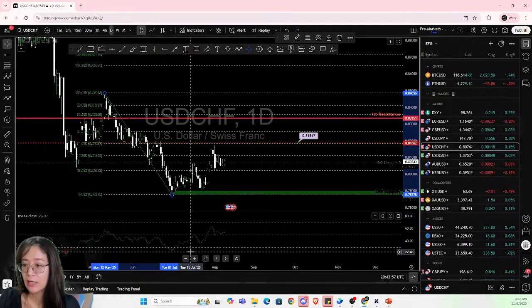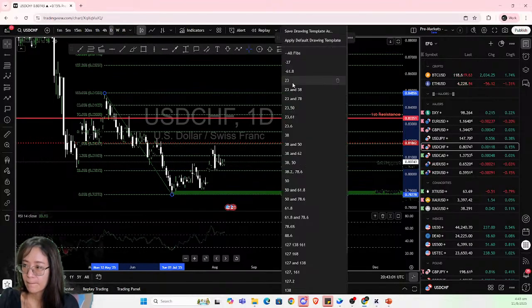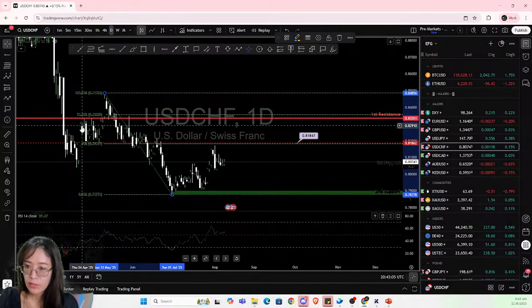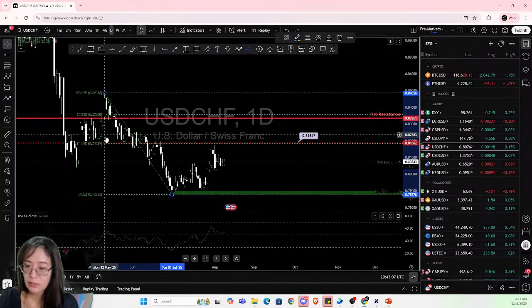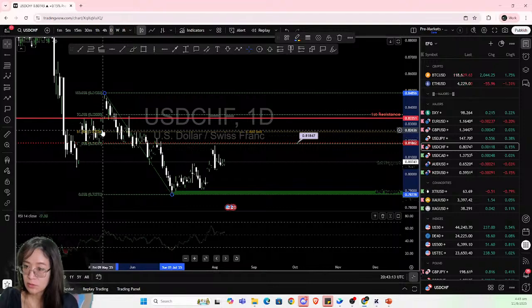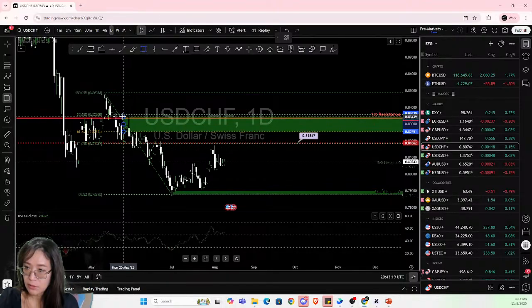You need to highlight the key level first, which is our pick, 50 to 78.6. In between here there is 61.8, unless you want to include 51.8%. You include it like that, meaning this is going to be a big zone.